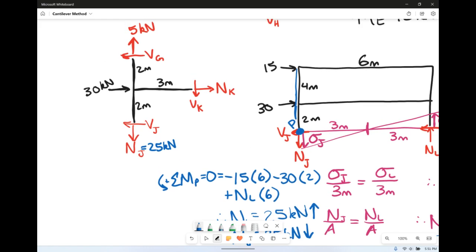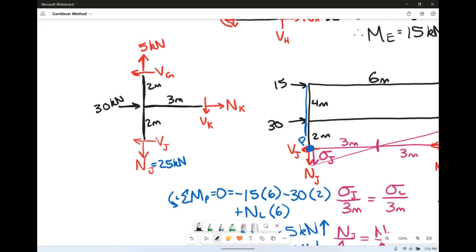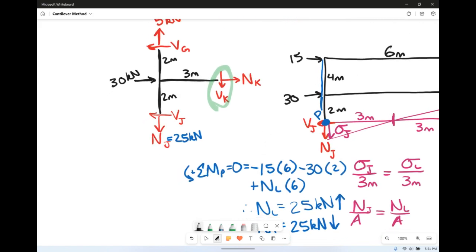Again, we can solve for our forces in the y direction now. Since we have our normal force J going down, that leaves us with the one and only y direction, shear at K. So if we sum the forces in the y direction and set it equal to 0, we've got 5 going up, we've got 25 going down, and we've also got shear at K going down.